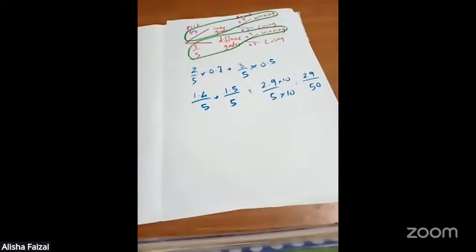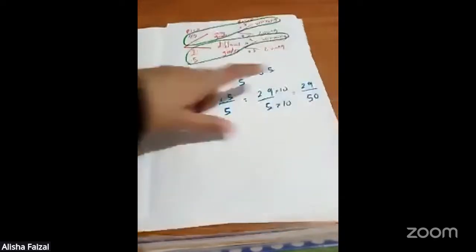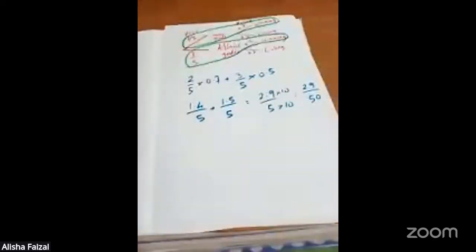Clear or confused? Make it into a whole number. It's best not to write the answer in decimal. Is there any confusion about converting this? Do you have any doubts?